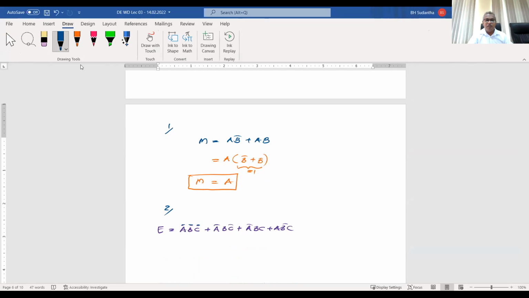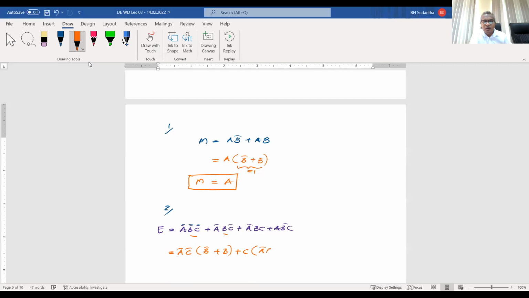Okay. Shall we try to rearrange this equation? From these two terms, I can take A bar C bar out. Then B bar plus B are inside. Here, what is common? Then I can take C out.